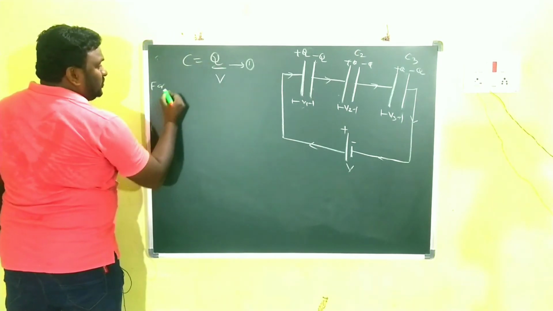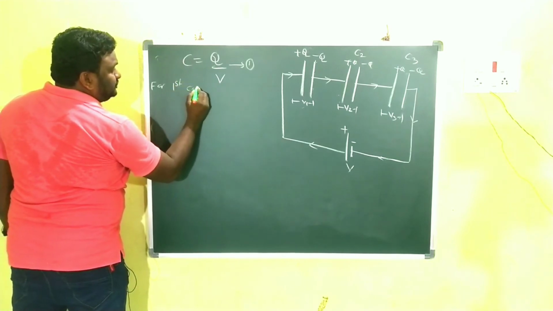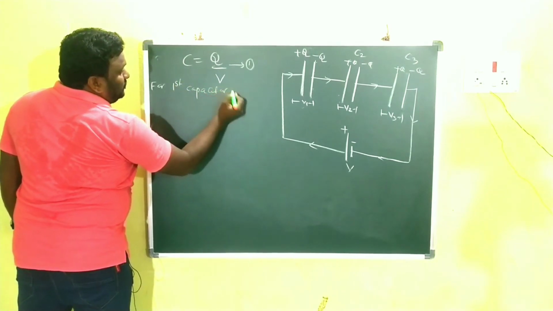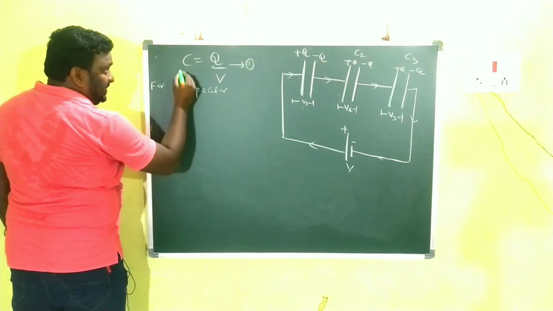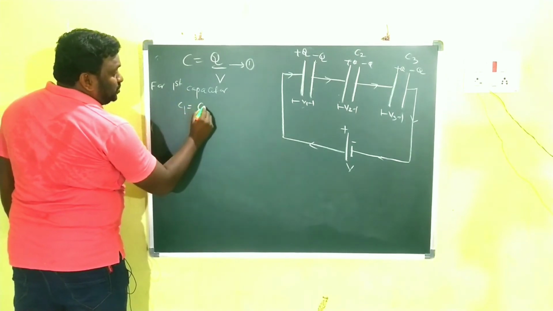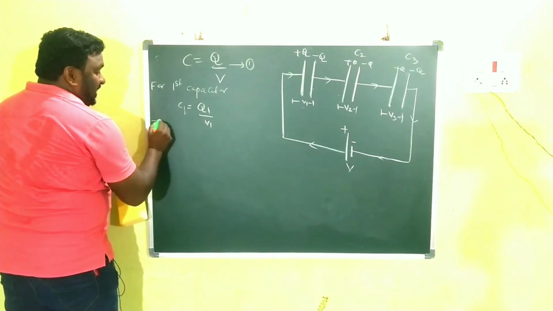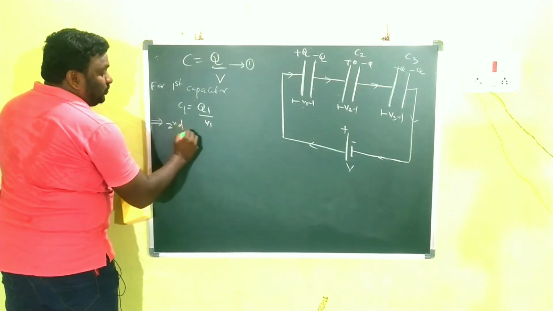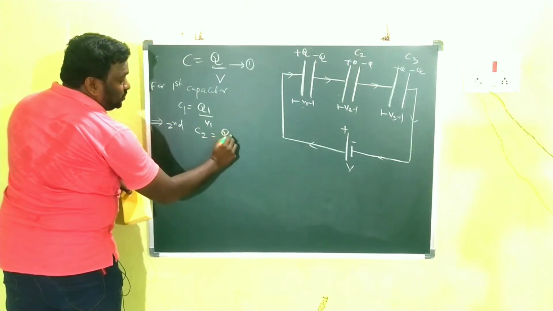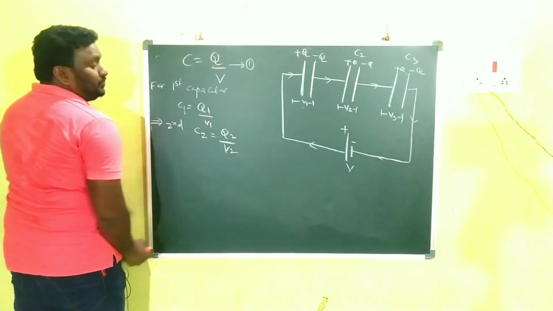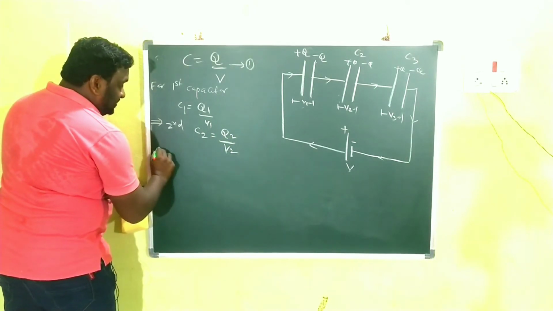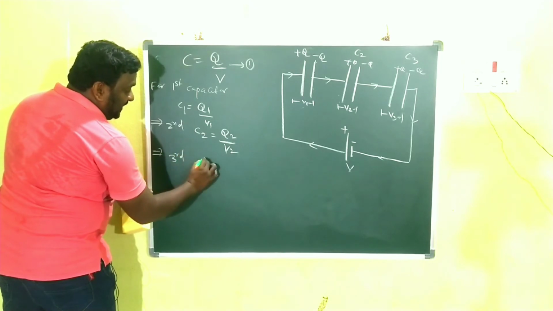Similarly, by using that for the first capacitor, what do I say? Here C1 is equal to Q1 by V1. And similarly for the second capacitor, what do you write? C2 is equal to Q2 by V2. And here for the third capacitor, what do you write?